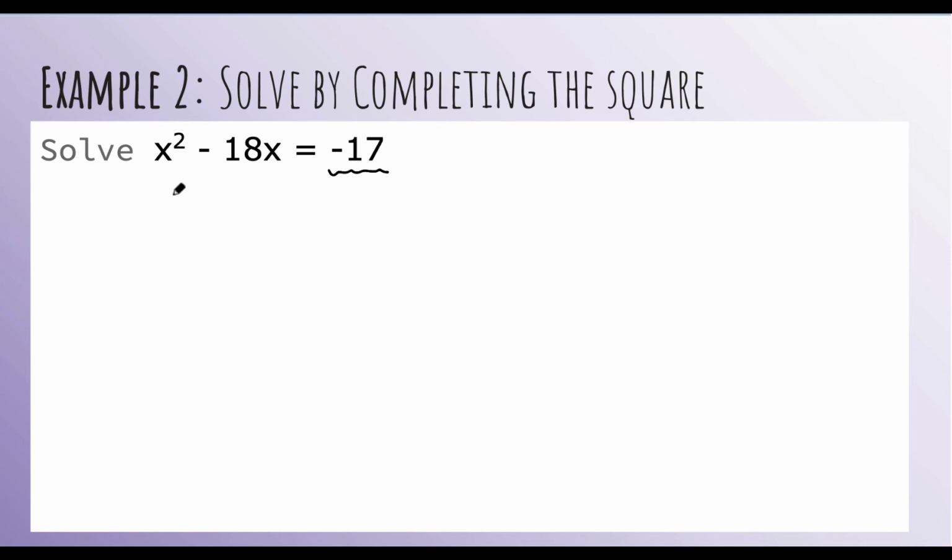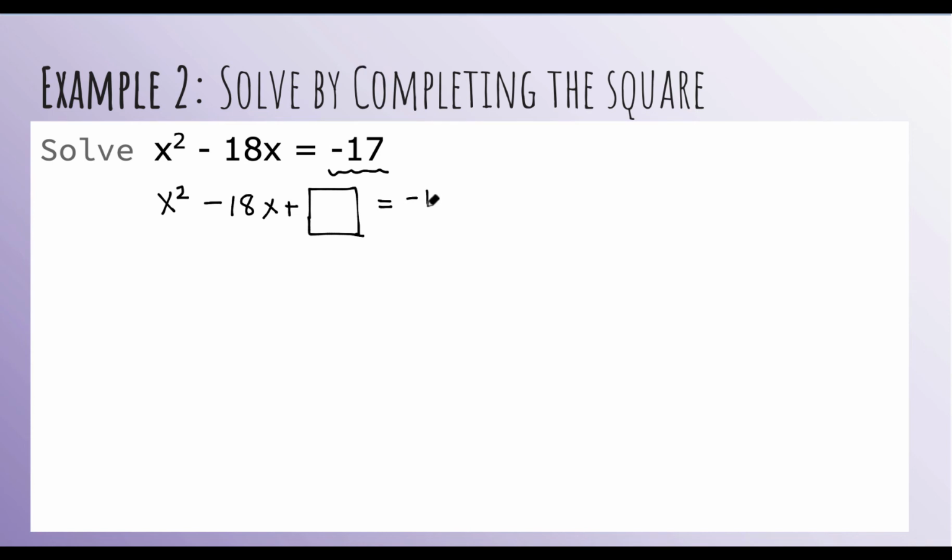So the first thing we should do is get the constant over to the right side of the equation if it's not there already. And then we're going to add on our box. So we're going to take x squared minus 18x. We need this to become a perfect square trinomial, so we need to add on some value that we're going to find in a moment.